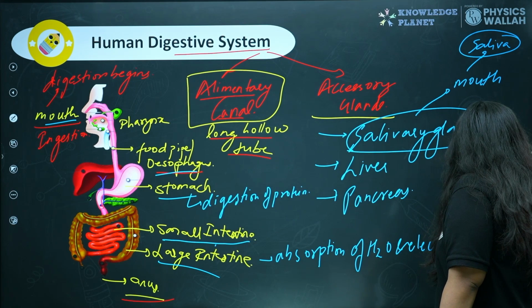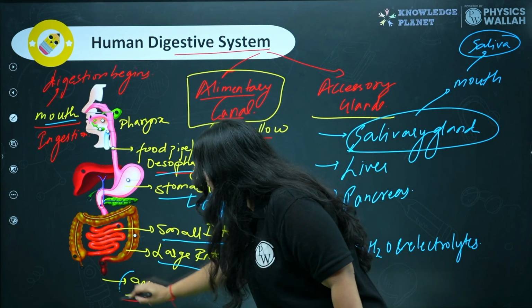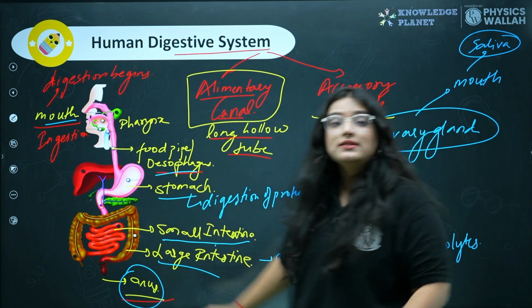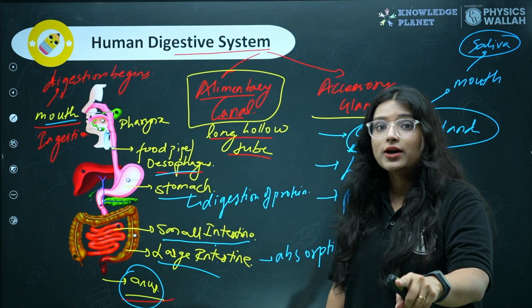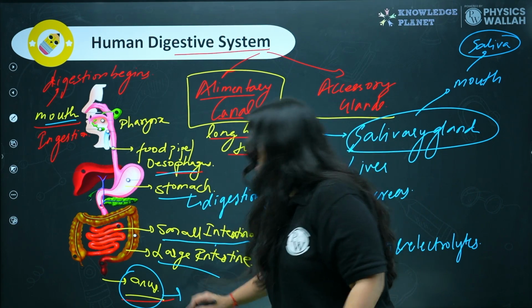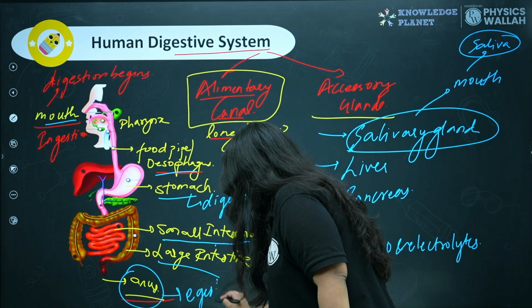Okay, then finally through the anus, this undigested matter, you can say feces, which was stored in the rectum, will be expelled out, and this process is known as egestion.